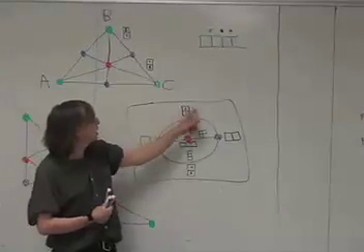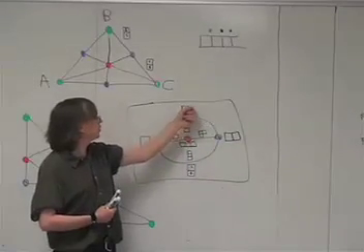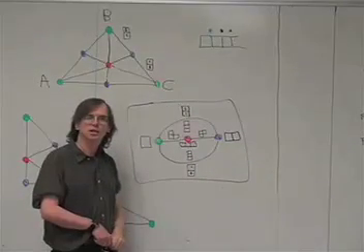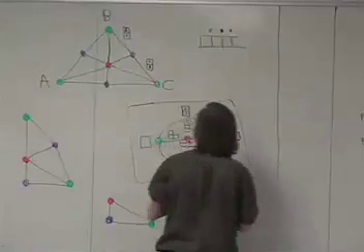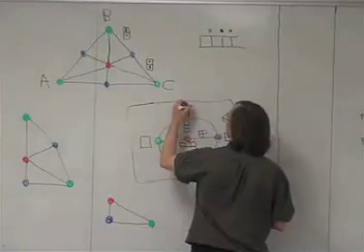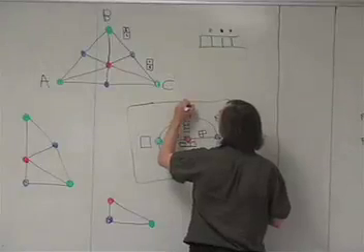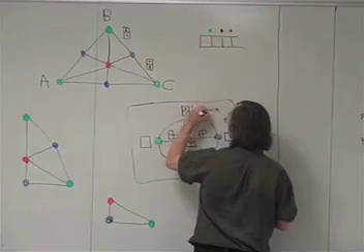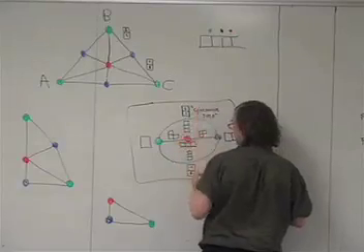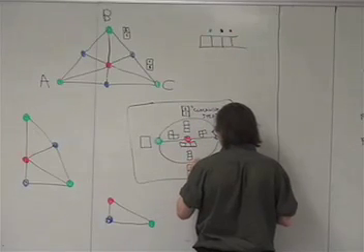But could you come up with another verbal description of what the BC orbit is like? I would say this is like a clockwise step. And this one was like a counterclockwise step.